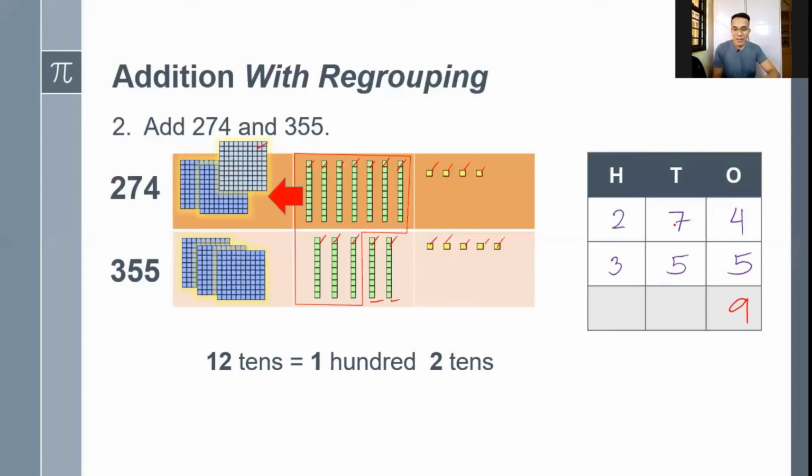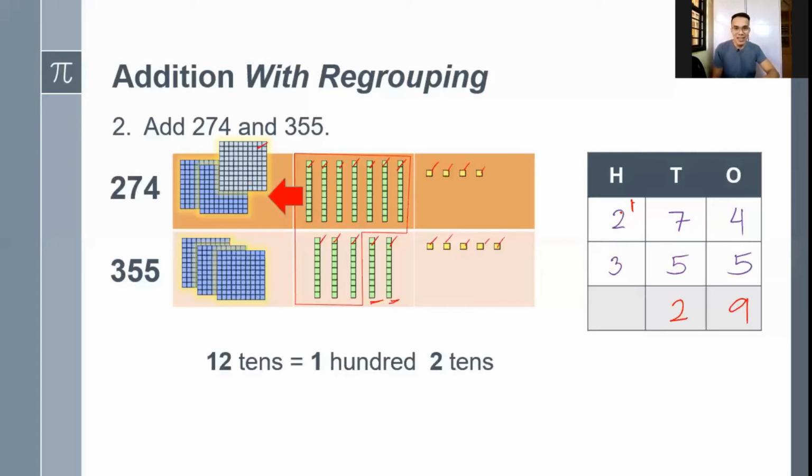Therefore, 7 tens plus 5 tens, you have here 2 tens because we have 2 tens left, but don't forget to add 100 in the hundreds place because we added 100 here. Again, 7 tens plus 5 tens equals 2 tens and 100 over here. That's how we do regrouping.